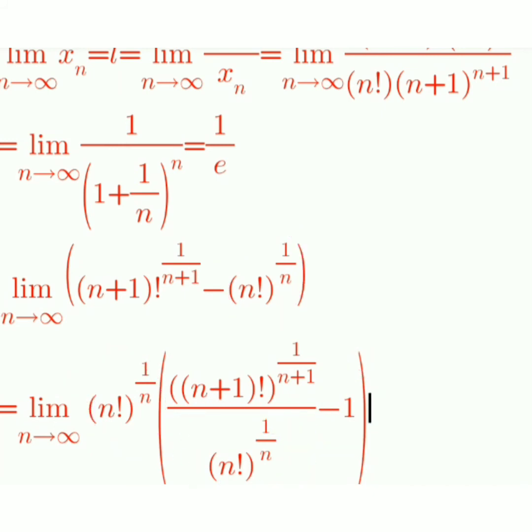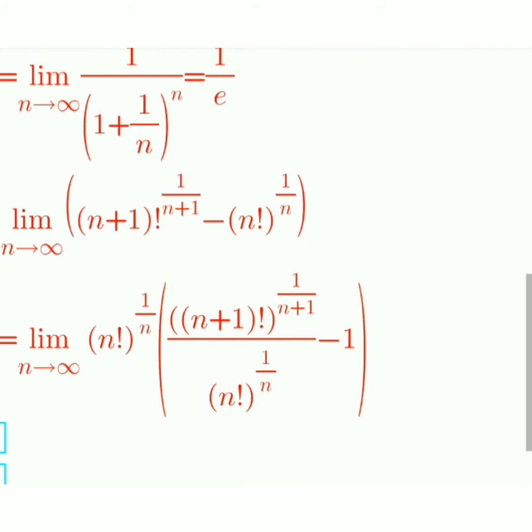So I hope that it is clear for everyone. And after that you will see limit n tends to infinity, n factorial whole to the power 1 by n, (n+1) factorial whole to the power 1 by (1+n).